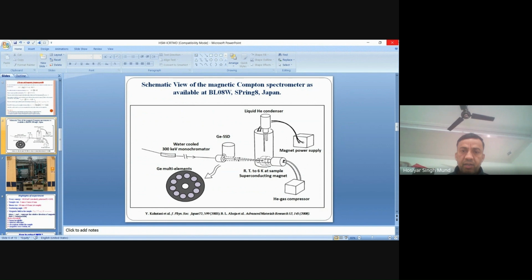That energy and the secondary parameters we will discuss in a further slide. If you want to know more about this spectrometer and this process, the reference is given here.